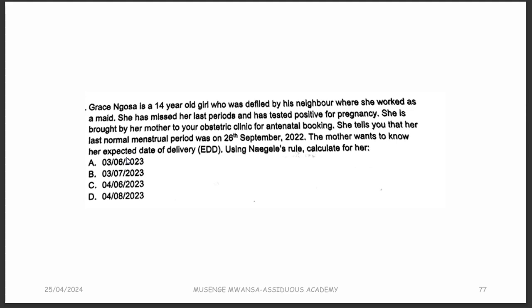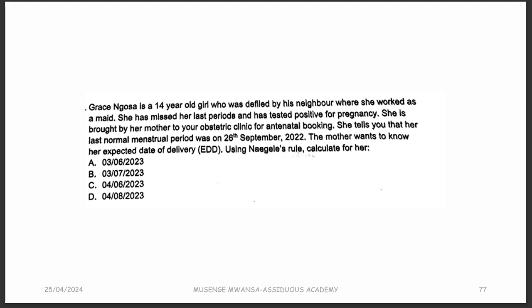How can you predict when someone is going to give birth? For example, she tells you that her last normal menstrual period was on 26th September 2022. When is this person going to give birth? Likely using Naegele's rule.